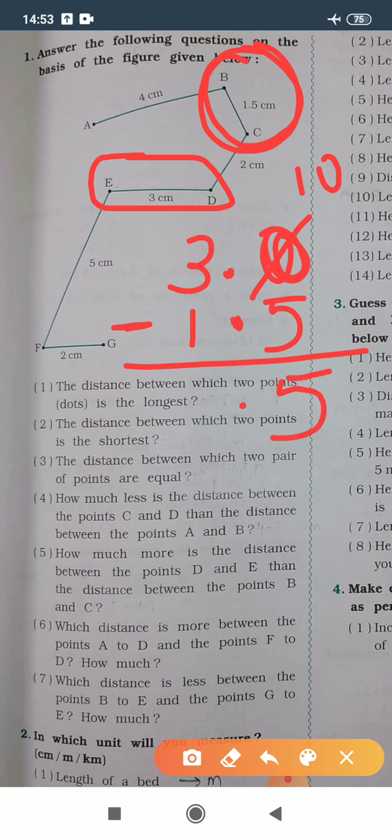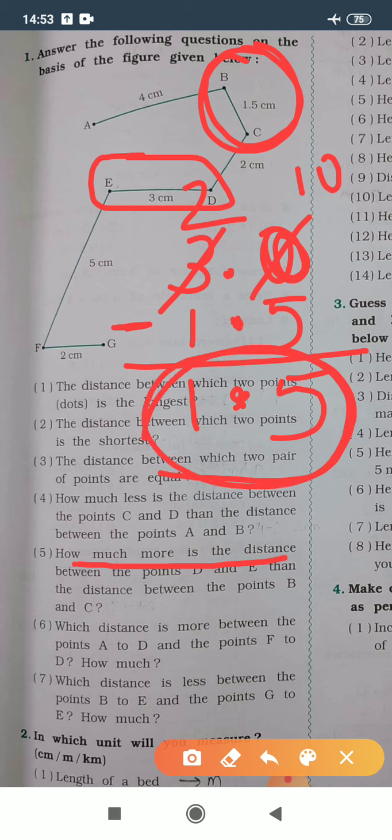Again here, we'll cut this 3 and we'll write here 2. 2 minus 1 gives you 1. So how much more is the distance? The distance is 1.5 more than B and C.